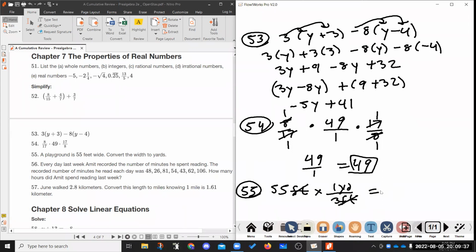That needs to go in the top. 55 divided by 3 is: 3 goes into 5 one time, 2 left over. 3 goes into 25 8 times with 1 left over. That's 18 1/3 yards. That's 18 yards, 1 foot. It asked me to change it into yards, so let's keep it all in yards.